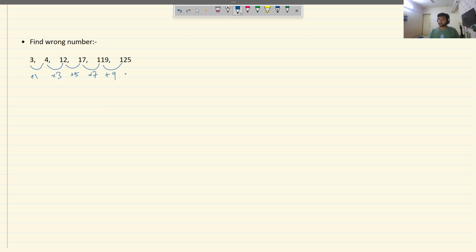I did this because I could observe that 4 into 3 is 12, 17 into 7 is 119. I could notice that because I remember the table of 12 and 17.